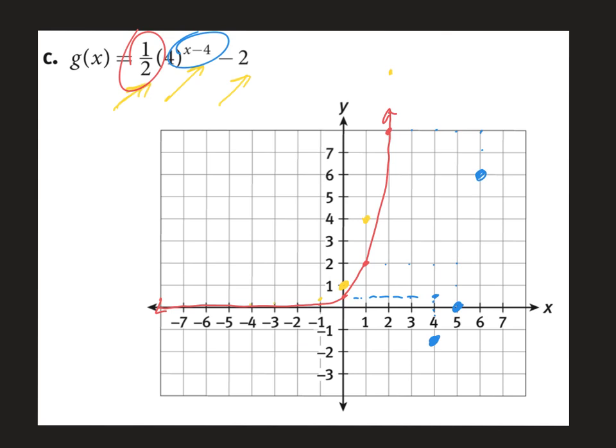Make sure that you're asymptoting on the -2, this value here. Right 1, 2, 3, 4, down 1, 2. So we are asymptoting on y equal to -2.